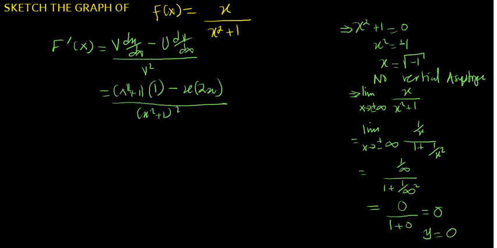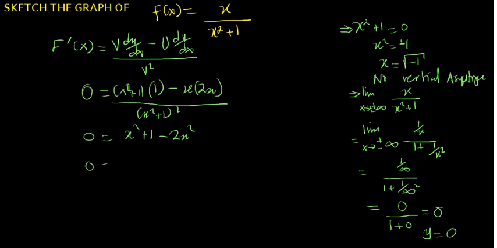But we want the turning point. When something is turning, the gradient is equal to 0. So f prime of x is going to be equal to 0. This is called the gradient function. If we multiply this by that, because 0 is the same as 0 over 1, we are going to have 0 being equal to 1 multiplied by x squared plus 1, and then minus 2x squared. x squared minus 2x squared will be negative x squared.